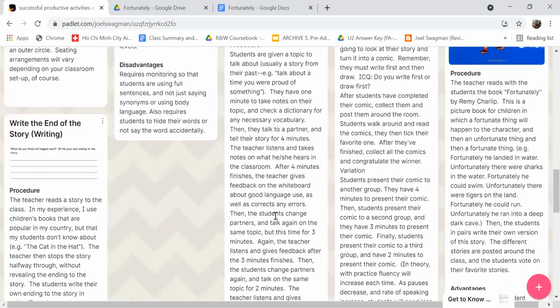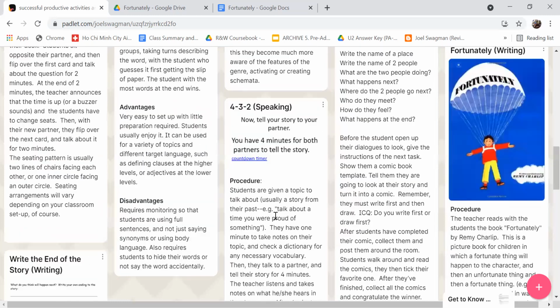While they're speaking, I'm in the middle of the room with my notebook, writing down any errors that I hear as well as any good language, and put it on the whiteboard in between repetitions. Although that does have the effect of lengthening the amount of time the activity takes if you put in feedback after each time.